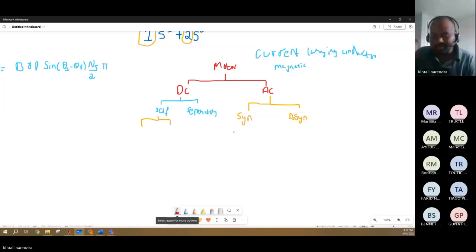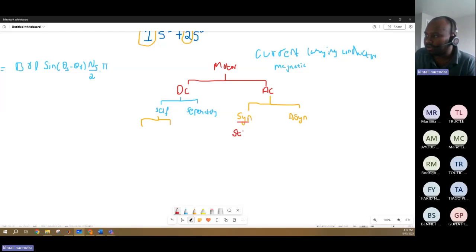Now you have a rotor inside it. So the rotor rotates as the magnetic field rotates. If the stator magnetic field and the rotor rotate at the same speed, then it is called a synchronous motor.